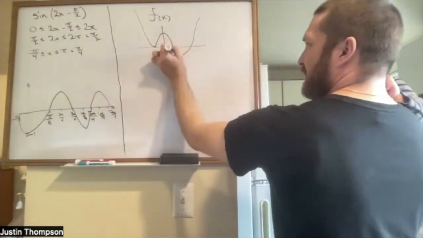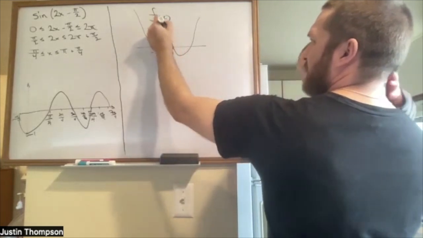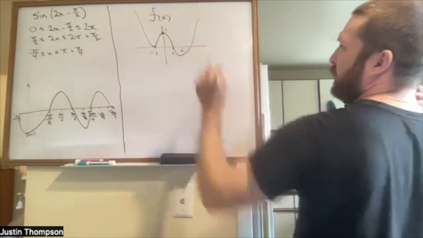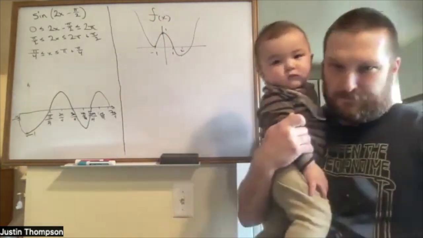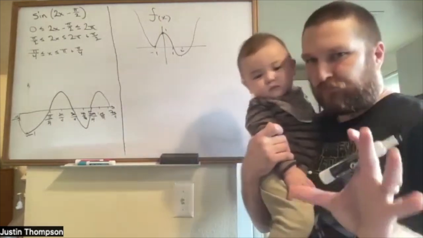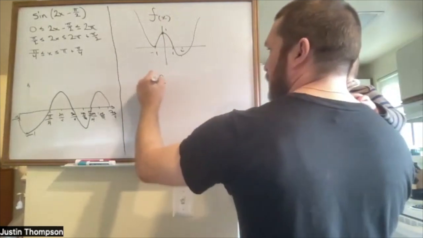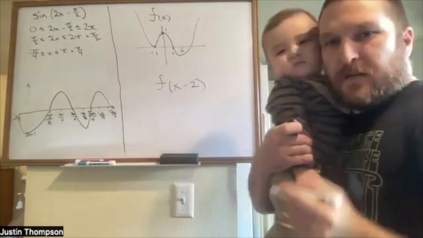Let's say that this is at 1, this is at -1. Let's say that this is at, it doesn't matter. And let's say that this minimum part here is at 2. Now, if I told you to graph this function, would you be able to do that?